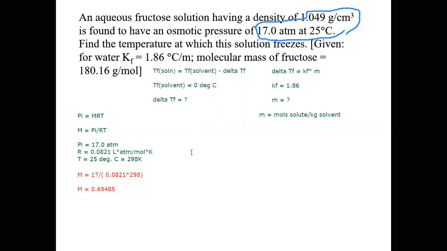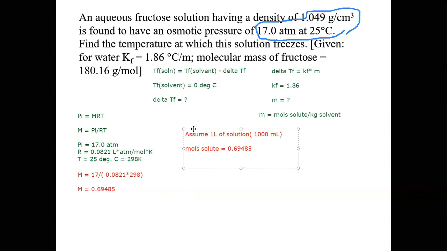So we have to convert from one unit of concentration to another. So once we know molarity, we need to assume 1 liter of solution, which is 1,000 milliliters of solution. So if we assume 1 liter of solution, we know that the moles of solute is 0.69485.